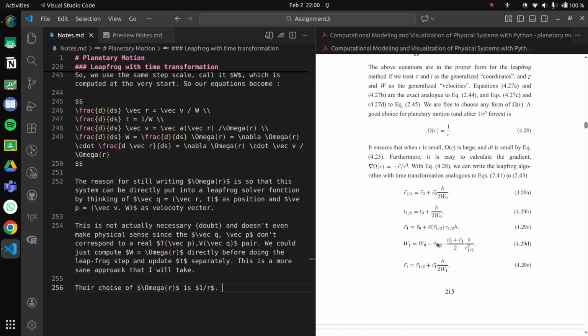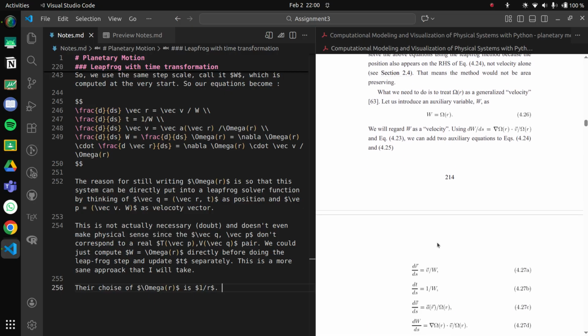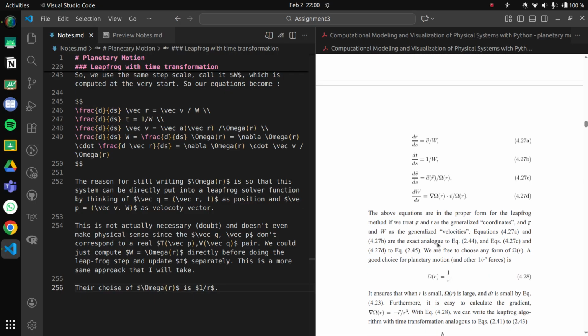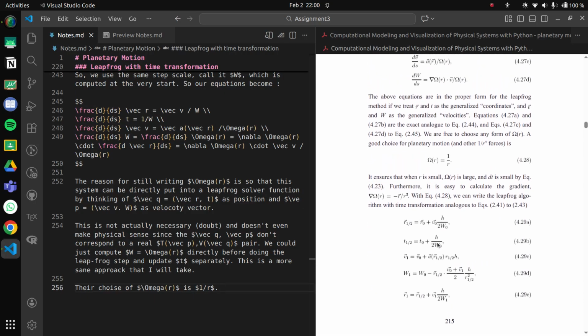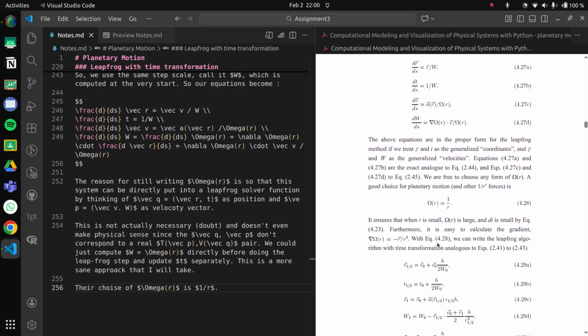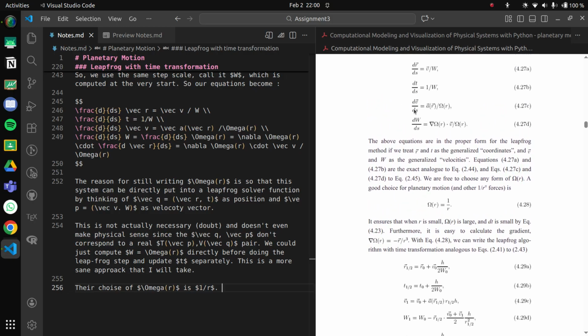Where's the w? Where the hell is the w? There should be an omega of r, right? Yeah, because when you do dv by ds, that's supposed to be a, yes, r of, oh, because it's divided by omega of r, it's just multiplying by r of half basically. So this is your 1 by omega in a sense.